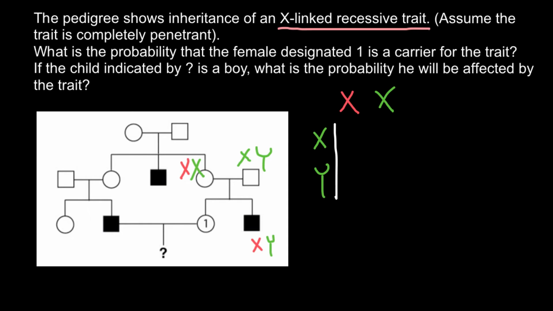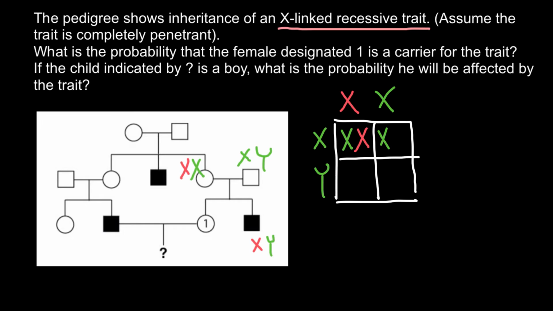So when we build a Punnett square, we can predict the probability for this female to be affected with this recessive X-linked genetic disorder. So normal X chromosome from the father side, defective X chromosome from the mother side, normal X chromosome from the father side, and normal X chromosome from the mother side.